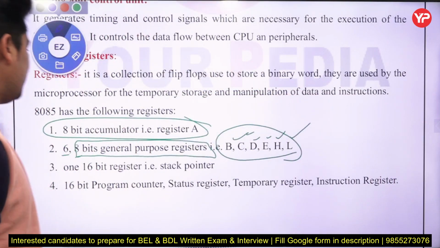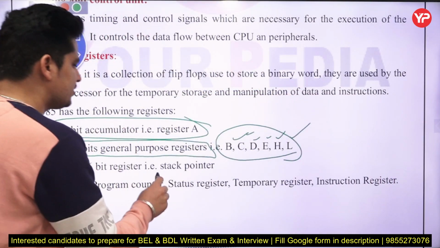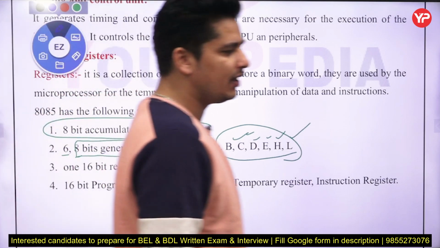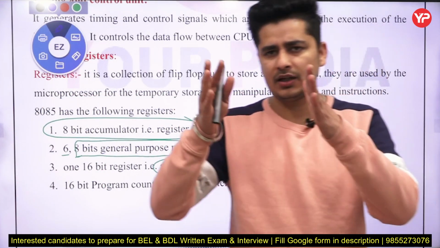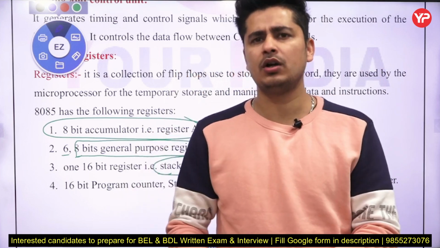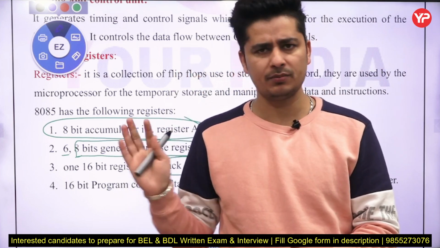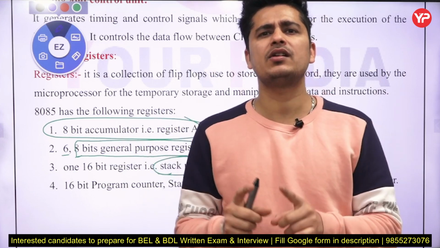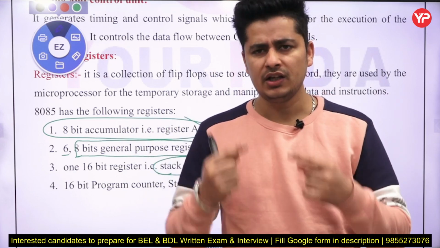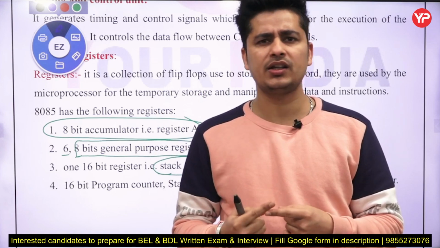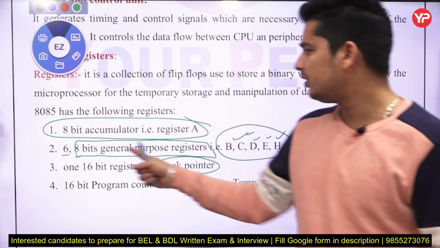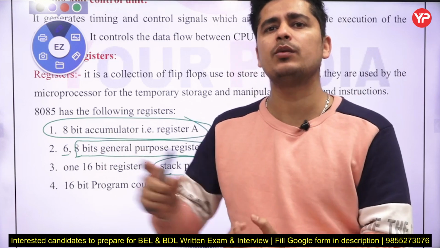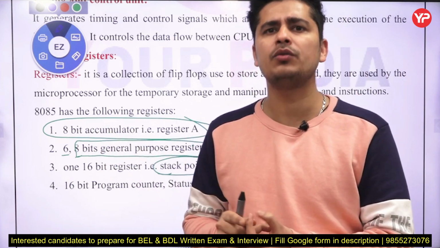And there is a 16-bit register, that is the stack pointer, right? Whenever you are running code inside the microprocessor, there are several things involved in how the code fetches information. Basically, the stack pointer will store the address of the next instruction which we have to perform.